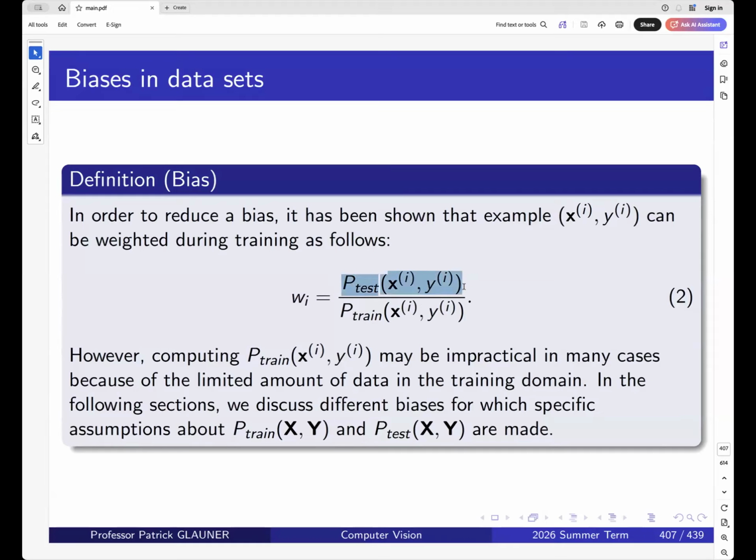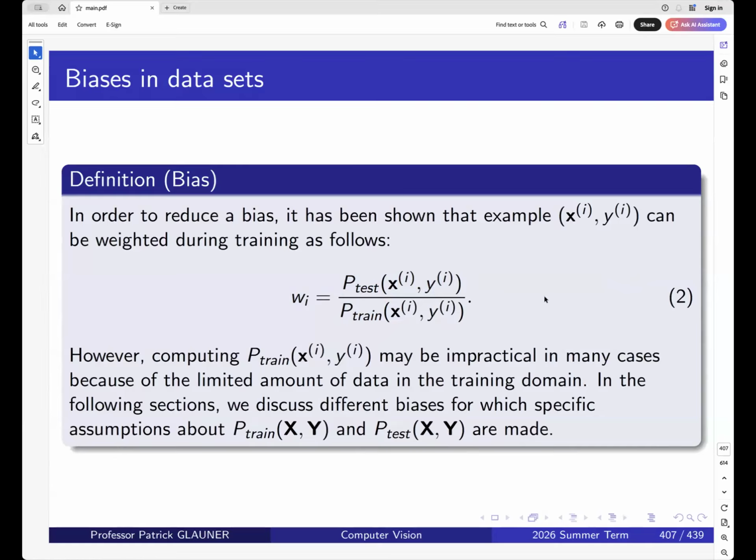So while calculating the weight like this in theory may work, in practice it does not work, especially because X may be high dimensional, plus I need a combination with the label in that space. And I may have not just binary labels, but a lot of different possible classes.